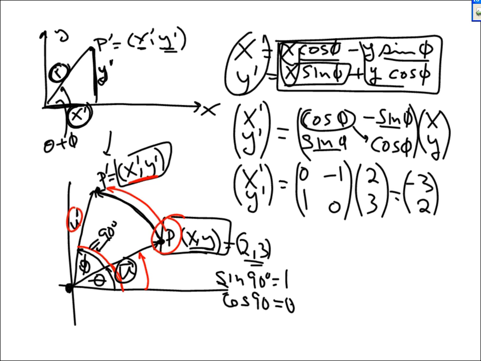In fact, let's prove a little theorem while we're at it. Suppose we have the point a, b. If we multiply that special matrix by a, b, let's see what we get.